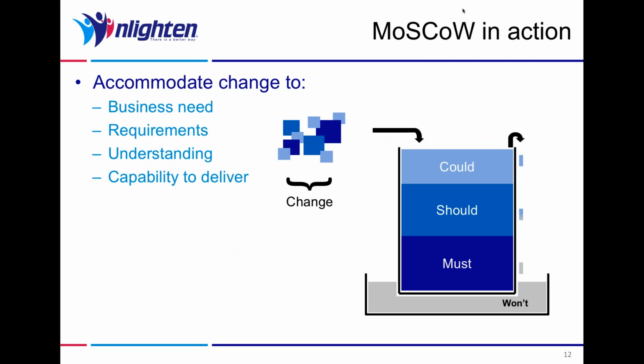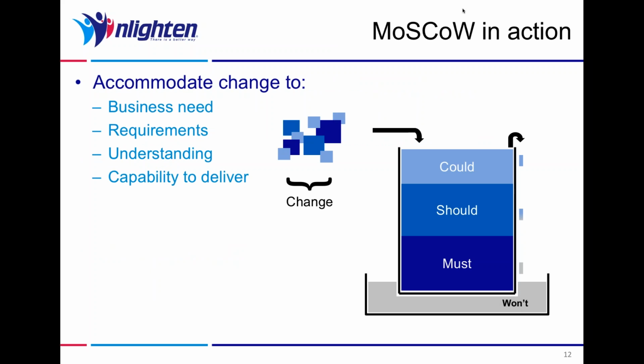So the next slide is about how we deal with those challenges and the change and maybe lack of understanding of a requirement, therefore estimates being off and those sorts of things.